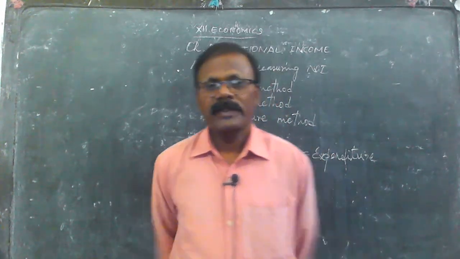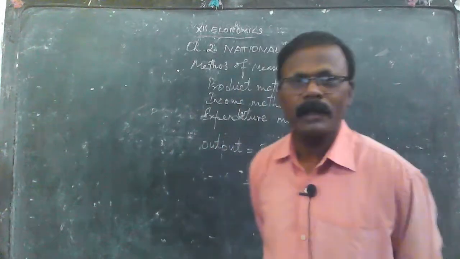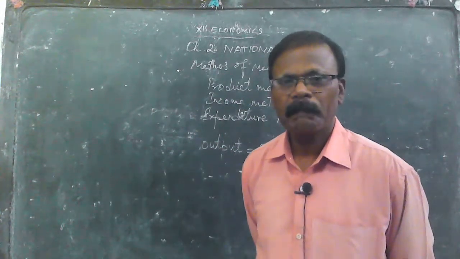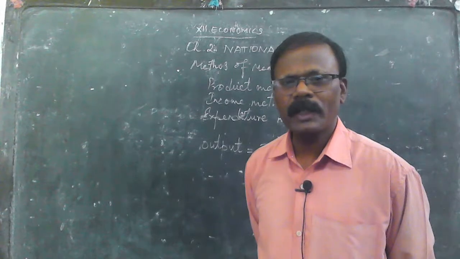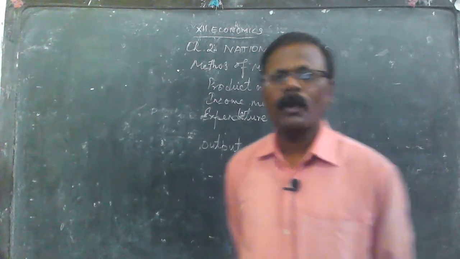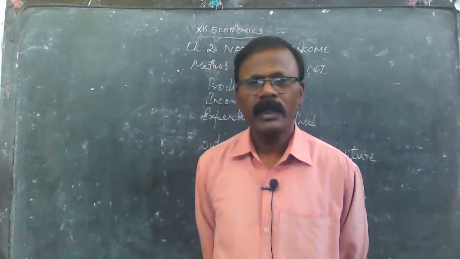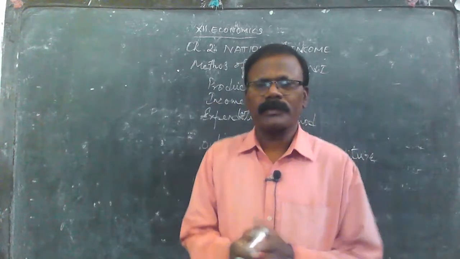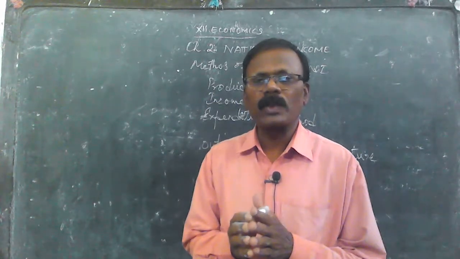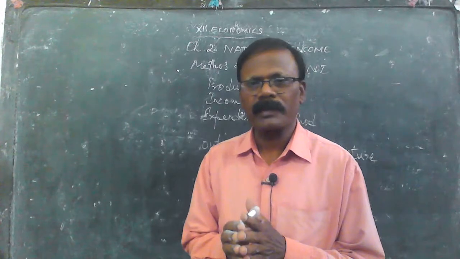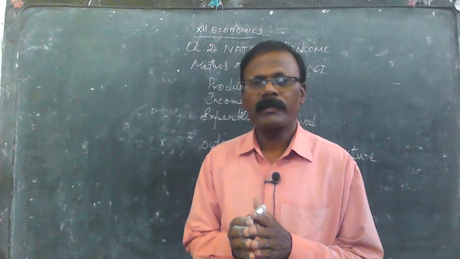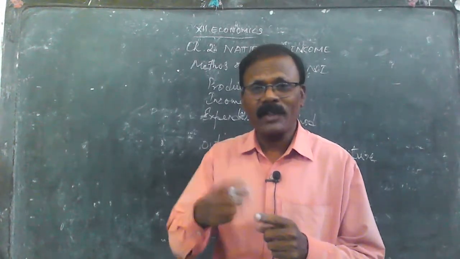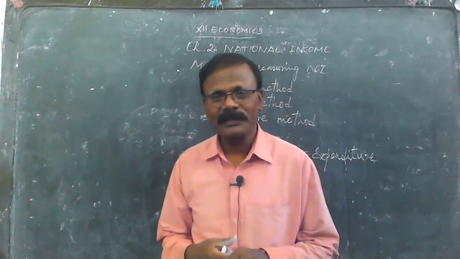Then comes GNP, Gross National Product. Gross National Product at market price means the total flow of the final goods and services produced in a country plus net factor income from abroad.